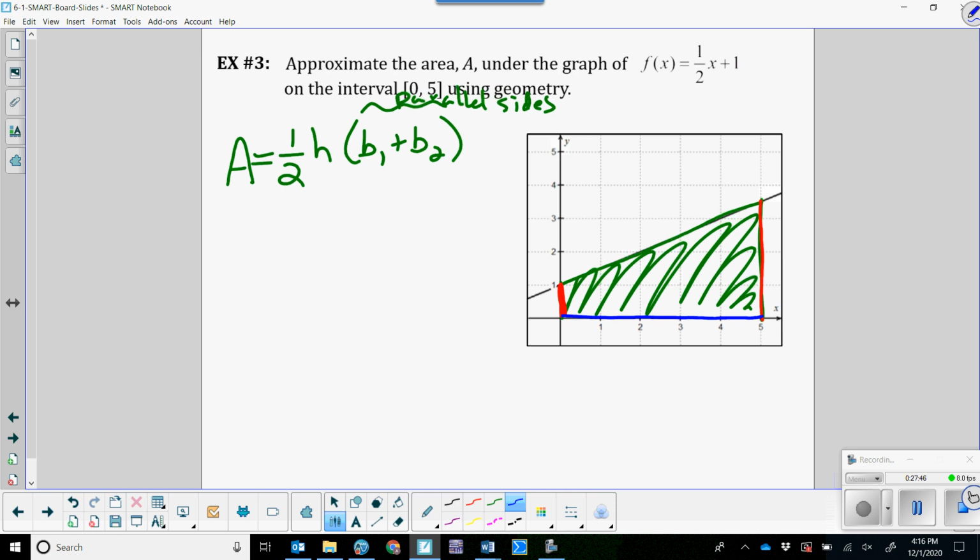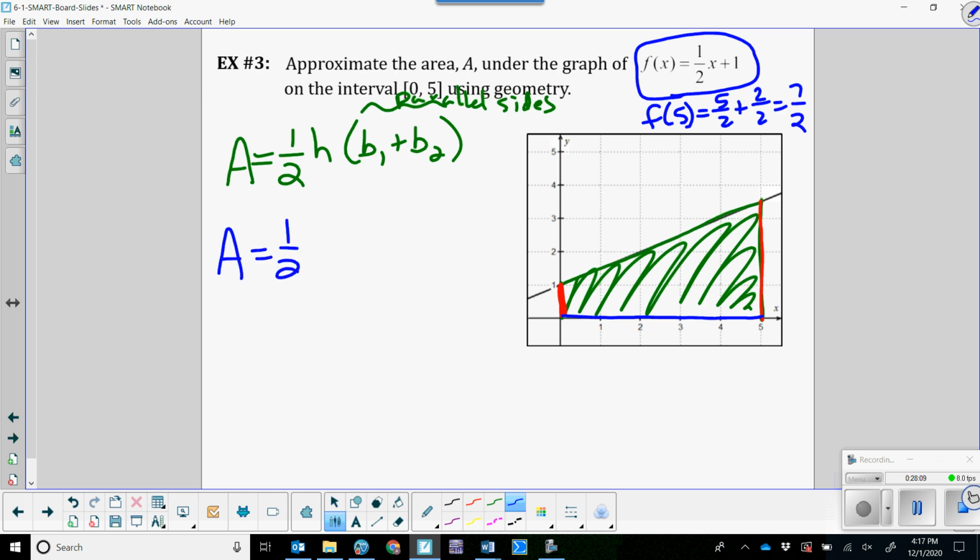Now, how could I find that out exactly? Well, plug 5 in right here, right? So f of 5 is going to be 5/2 plus 1, but 1 is 2/2. We get 7/2. So we know it is, in fact, 7/2. If I want to find this answer, it's pretty simple.